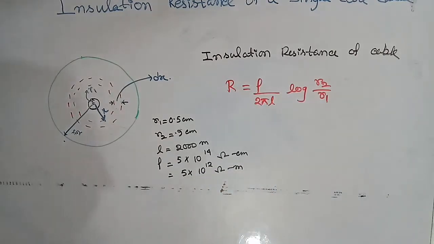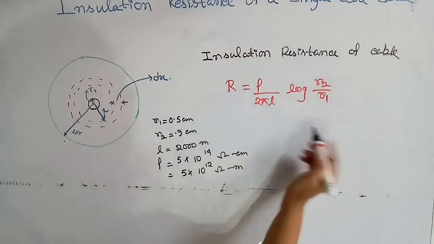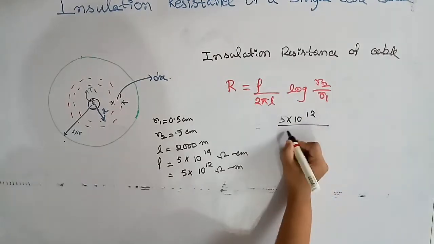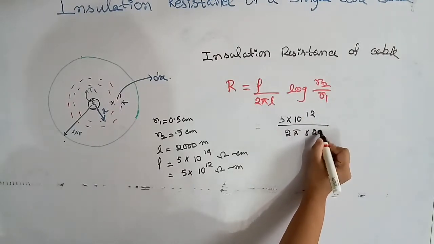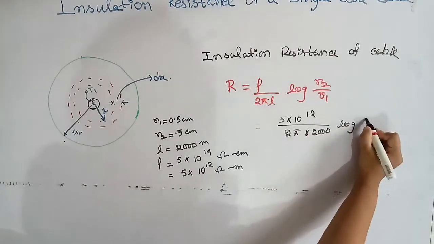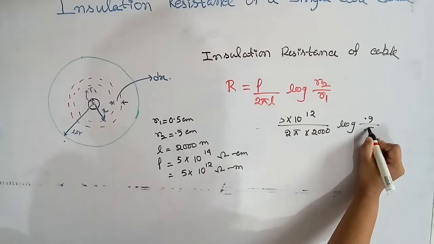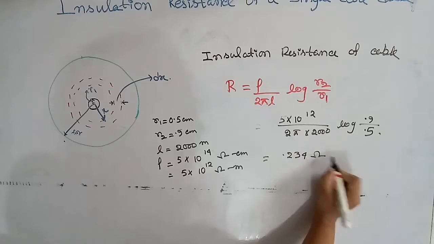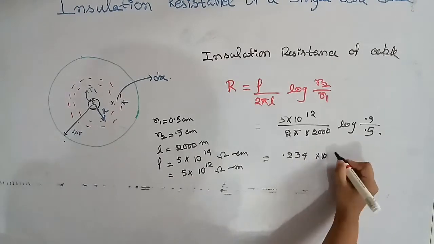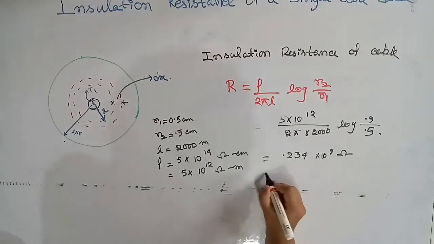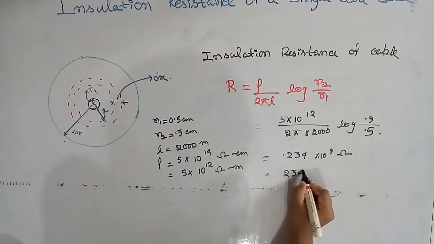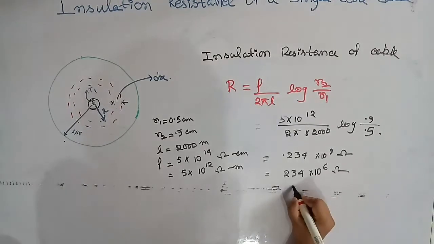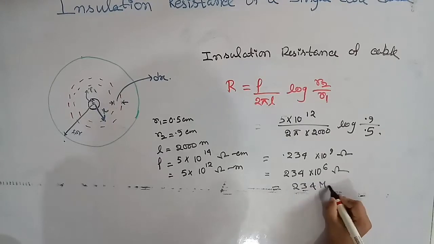Now putting the value of rho, L and R2 by R1, rho is 5 into 10 to the power 12 by 2 pi into 2000 log 0.9 by 0.5, which is 0.234 into 10 to the power 9 ohm, which is equal to 234 into 10 to the power 6 ohm, which is equal to 234 mega ohm.